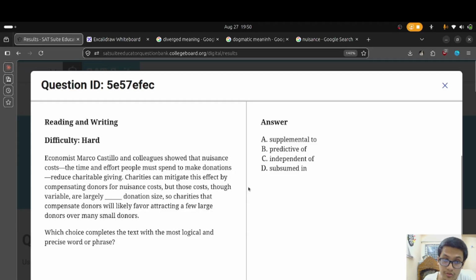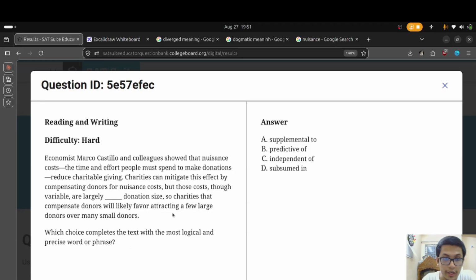But those costs, though, are largely supplemental to, predictive of, subsumed. Okay, now this is a very good question here. Charities that compensate donors will likely favor attracting a few large donors over many small donors.